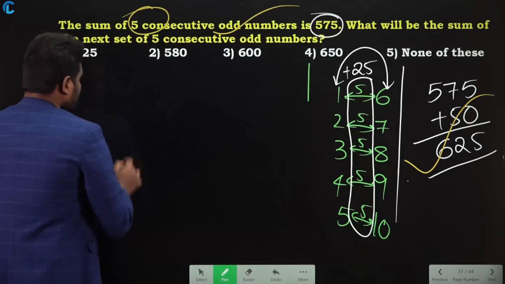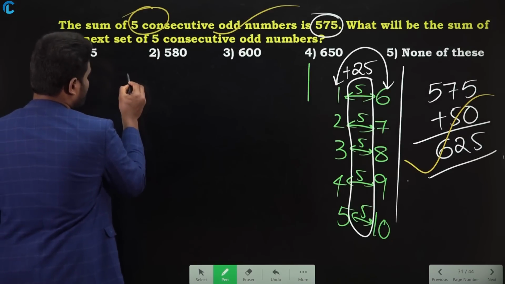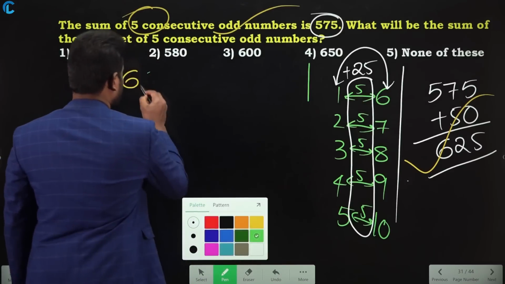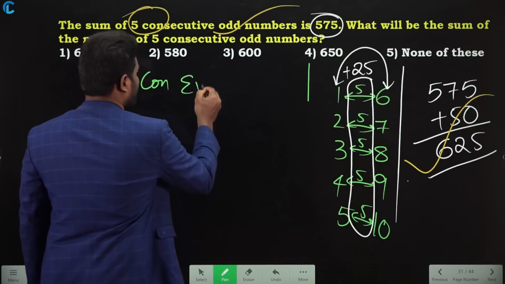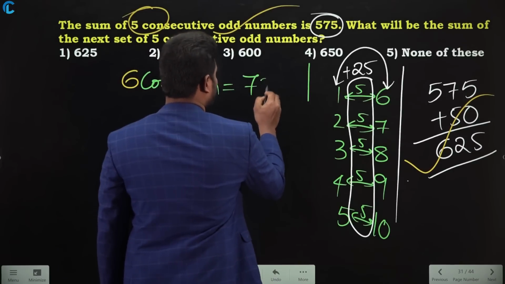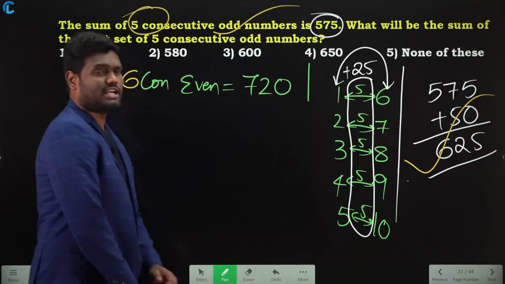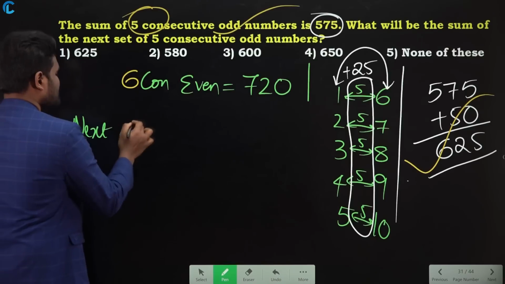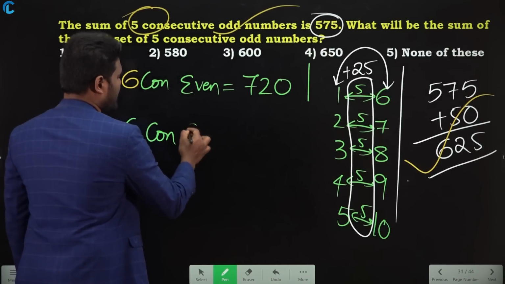Let us say the sum of 6 consecutive even numbers is 720. What is the sum of the next 6 consecutive even numbers?